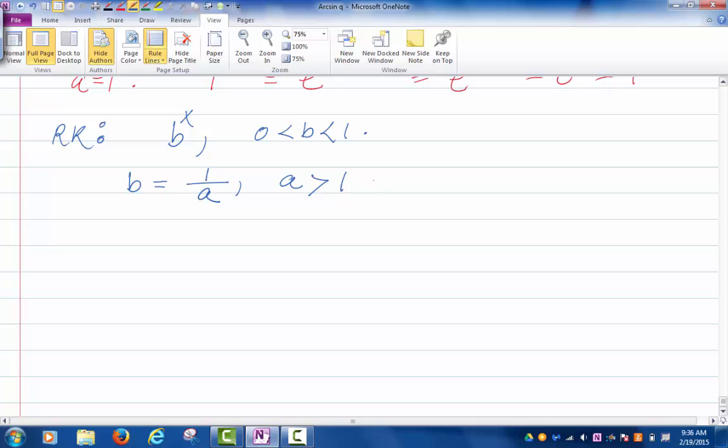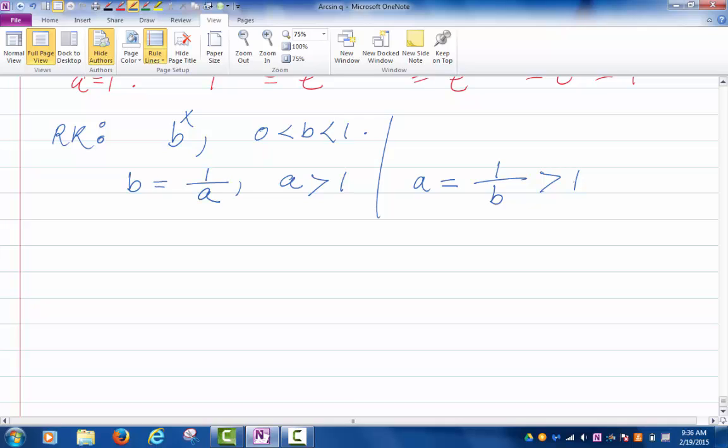Well, a is basically 1 over b. So if I take a to be 1 over b, then b is 1 over a. Of course, 1 over b is larger than 1, because b is between 0 and 1. If you divide 1 by something between 0 and 1, like 0.5 or even 0.1, you get something bigger than 1.